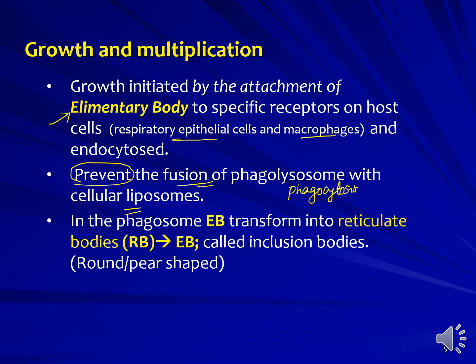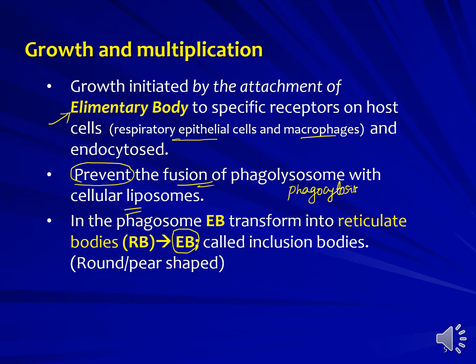Inside the phagosome, the elementary body is transformed into the reticulate body, which is the multiplying form of this bacteria, and after that they are converted back into elementary bodies.